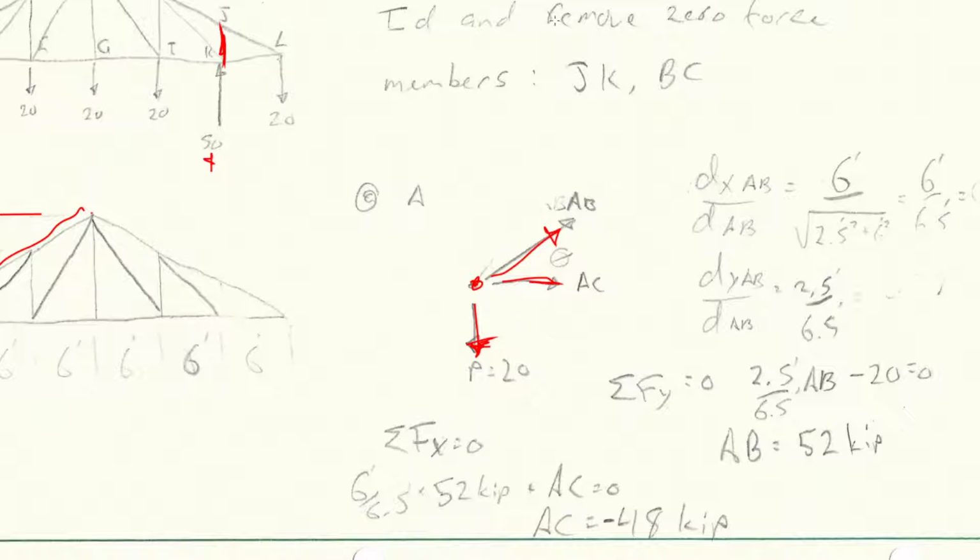Now, as I mentioned before, the convention that we're going to be using is that anytime you don't know the directionality of the force you're working with, the default assumption is that it is in tension.